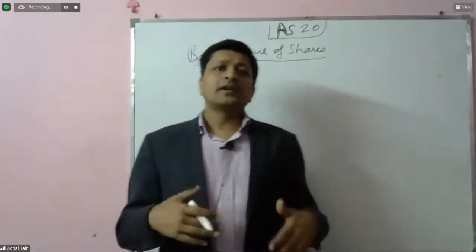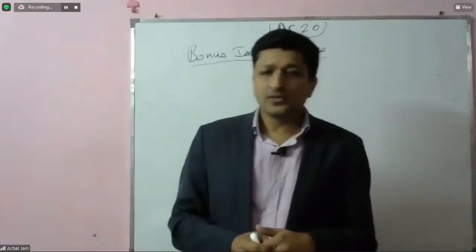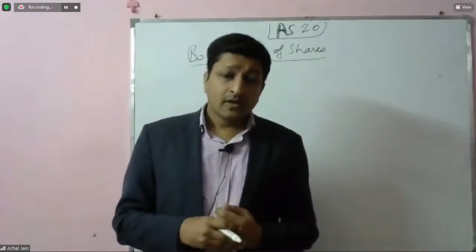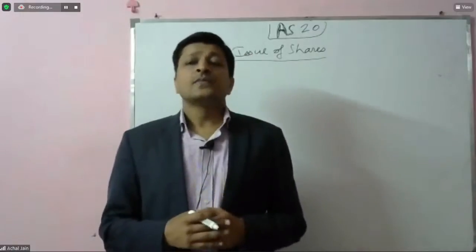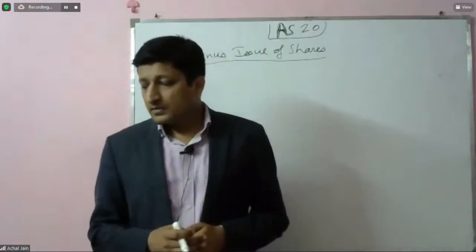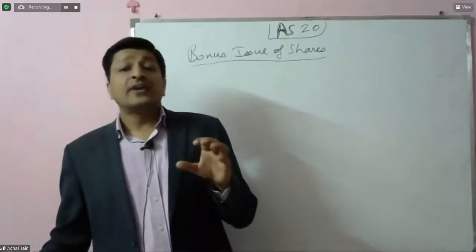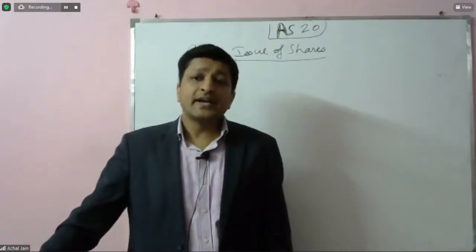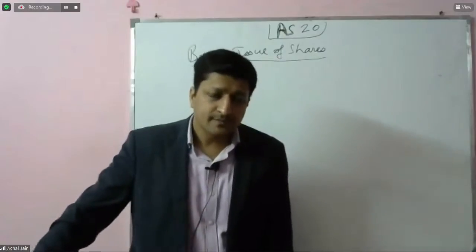That is how the returns will flow from the company to the shareholders, in the form of dividend. But at times, instead of dividend, wherein cash flow is involved, the company may decide to issue shares.